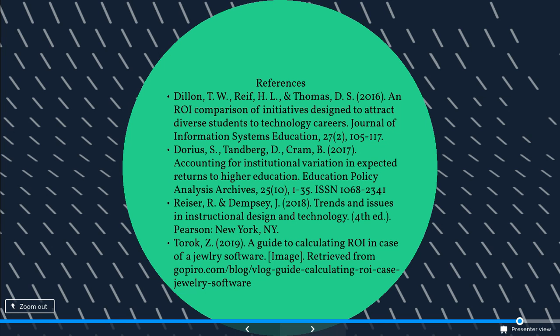A lot of good references in there as well to higher education. Reiser and Dempsey, their book Trends and Issues in Instructional Design Technology, 4th edition, has an entire section on ROI. And again, if you want to see the image, the link is there to go to the image of the equation.